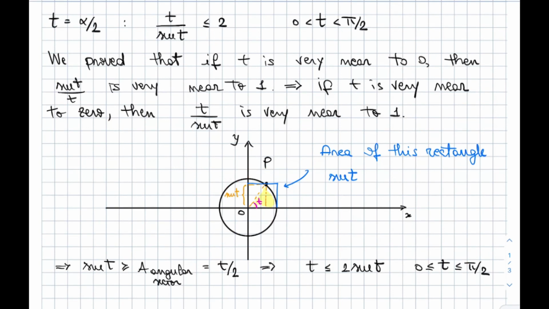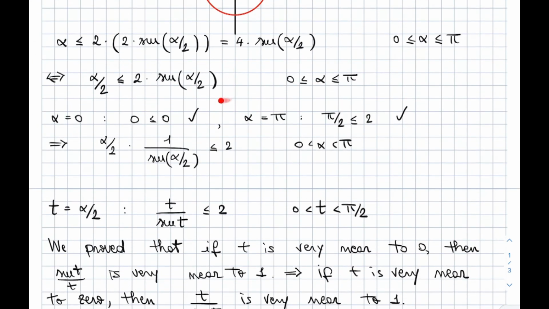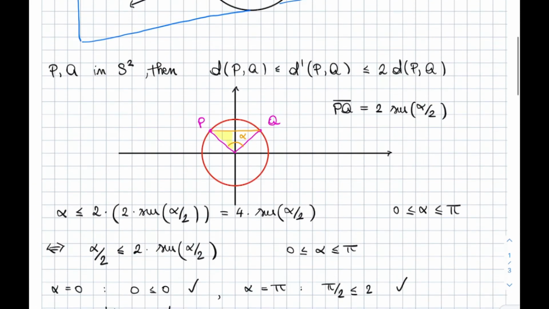Therefore, this proves the inequality we were looking at, alpha divided by 2 is smaller or equal than 2 times sine of alpha divided by 2, which in turn proves the inequality between the distance computed with arc length and the distance computed with the metric inherited from R3.